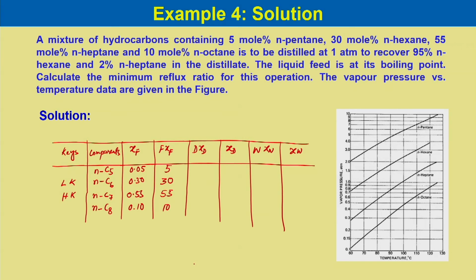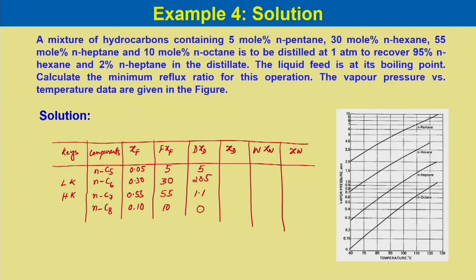Now, DXD would be 5, this would be 0 because this is not distributed, this would be 28.5 and this would be 1.1.